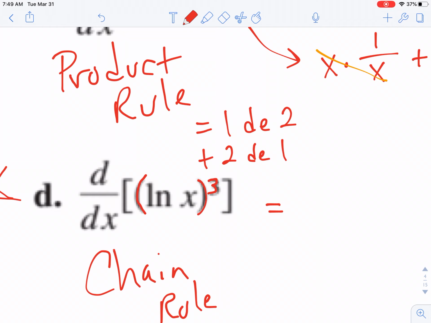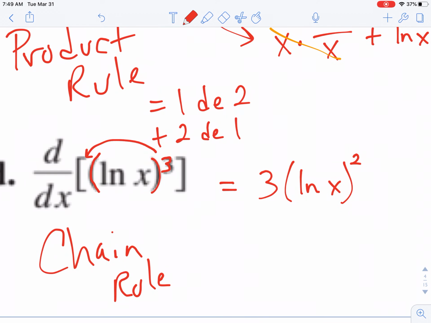So the derivative of that, you'd use a power rule. You'd bring the 3 in front, you'd leave the inside alone, you'd drop the exponent by 1. That's the outer derivative of this outer function, this cubing function. Then the chain rule says, okay, take the derivative of the outer piece and multiply it by the derivative of the inner piece. So the inner piece is this ln x thing.